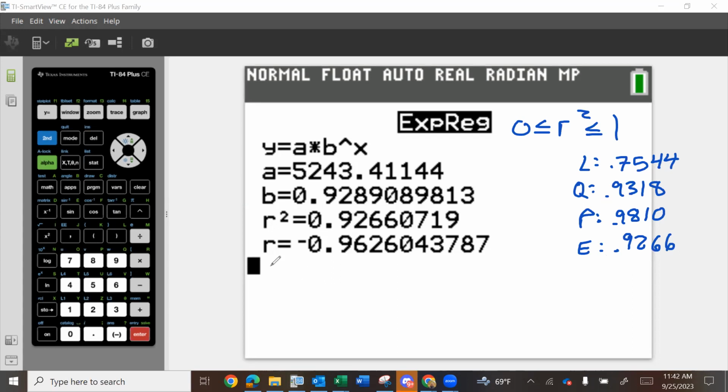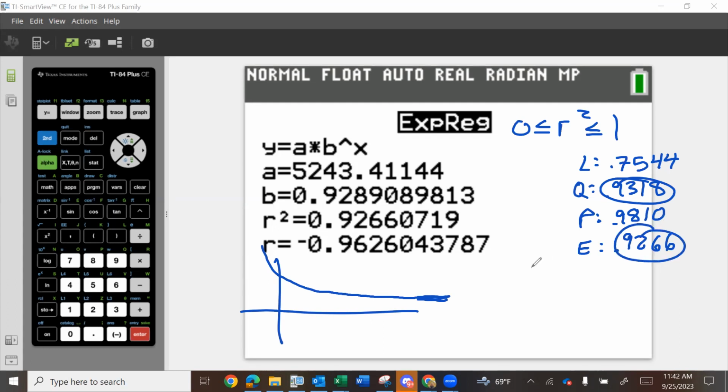Although exponential, when you graph an exponential function, it'll usually kind of come down here and get flat, and it stays pretty flat, like a logarithmic equation. That would be a decreasing exponential function. And so even though quadratic has a better R squared value than exponential, exponential is still better just because it makes more sense.